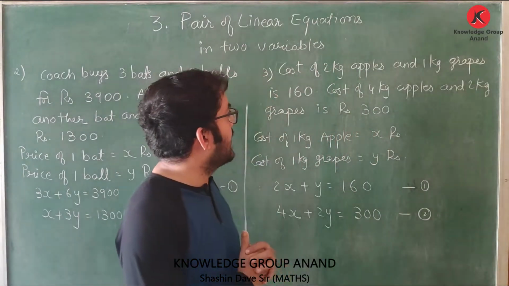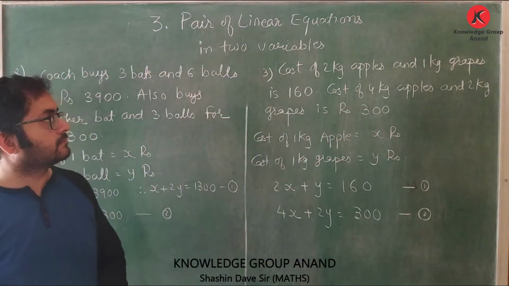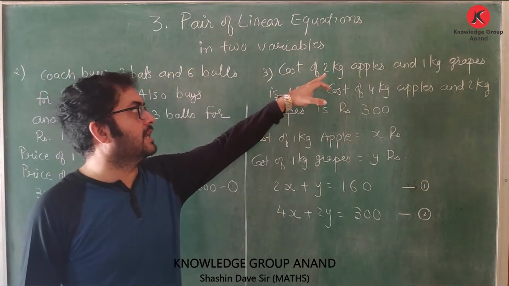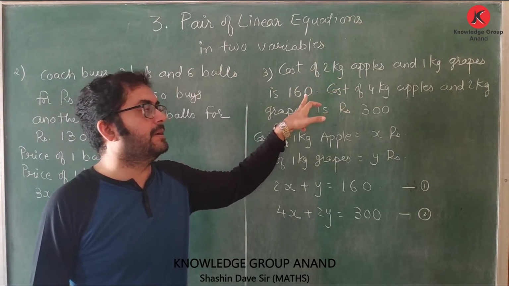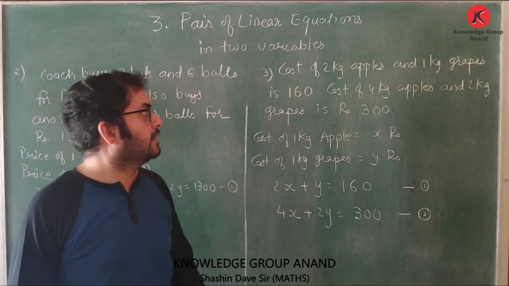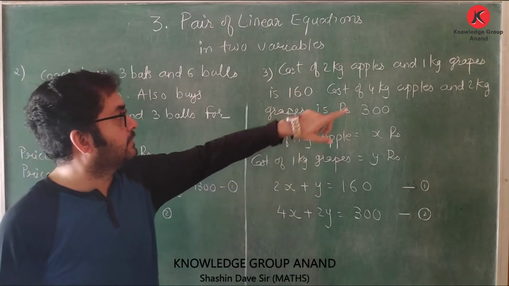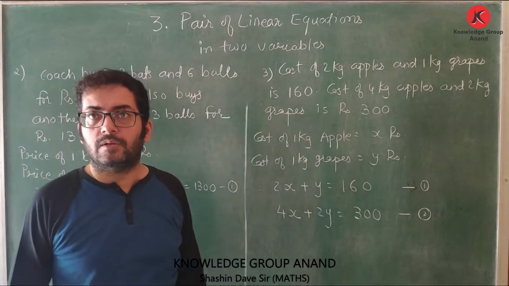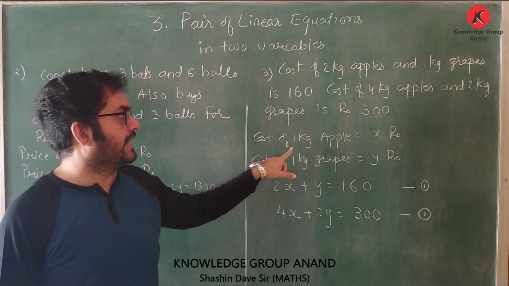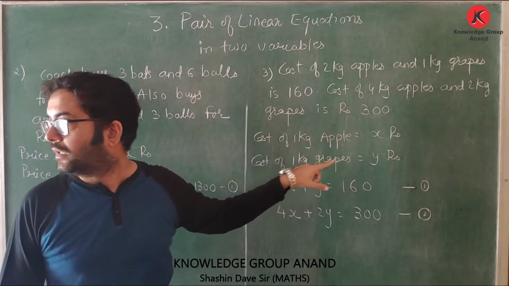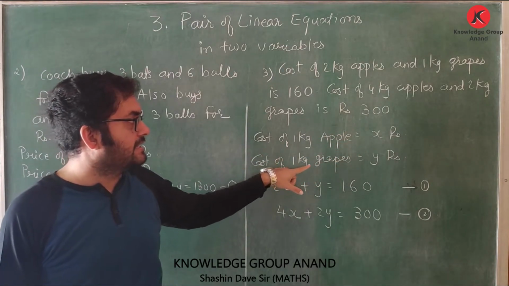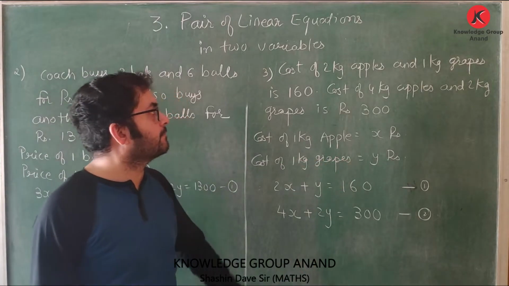Now, the third and the last question of exercise 3.1. Cost of 2 kg apples and 1 kg grape is rupees 160. So now two things are given, apple and grape. So I will consider the cost of 1 kg apple as x rupees and the cost of 1 kg grape as y rupees.